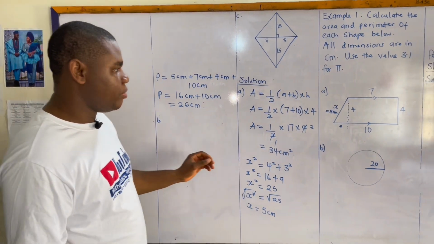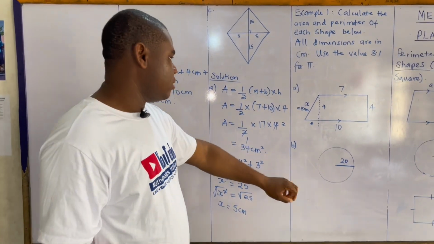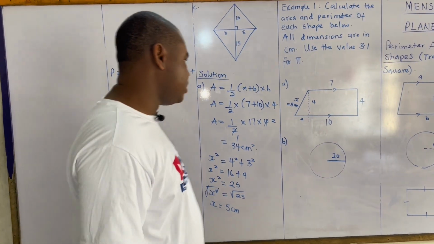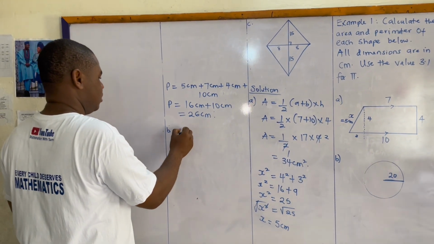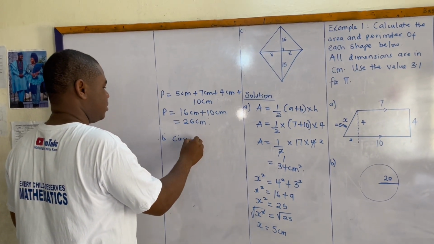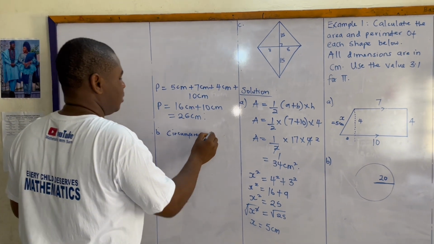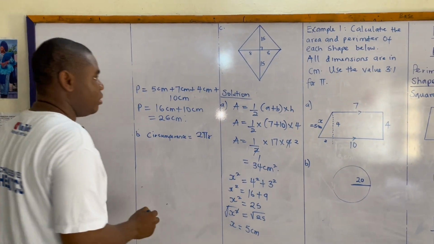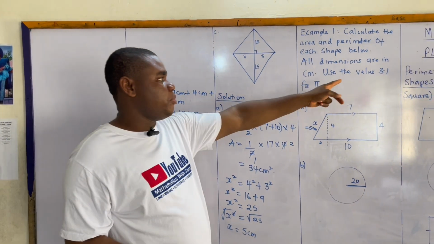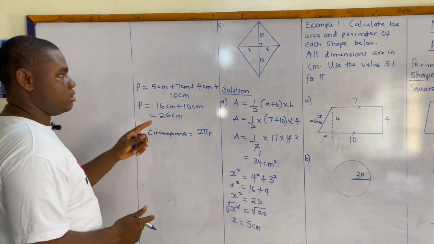Alright, for the second example, we have a circle and the radius has been given as 20 centimeters. Let's calculate the circumference first. The circumference, as earlier stated, is 2 pi r. From the question, we have been told to use 3.1 as pi.